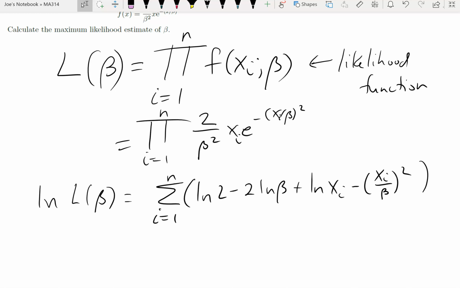Okay. Now, we want to maximize this thing, so we want to take its derivative. Nice thing is that we're differentiating this with respect to beta, so the term that doesn't have a beta in it has a derivative of 0. So that's going to go away, and that's going to go away, right? All right, so we take the derivative.